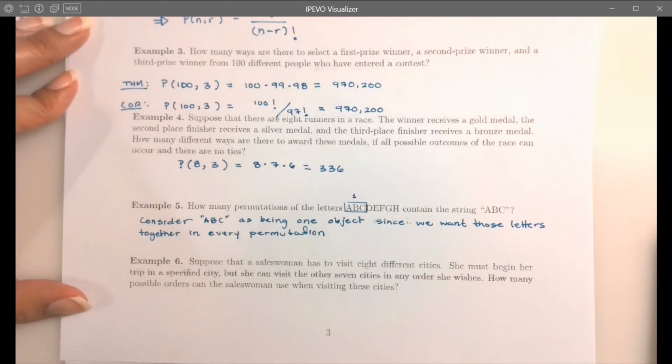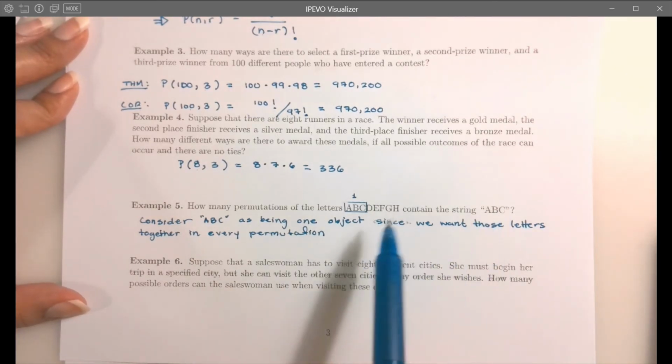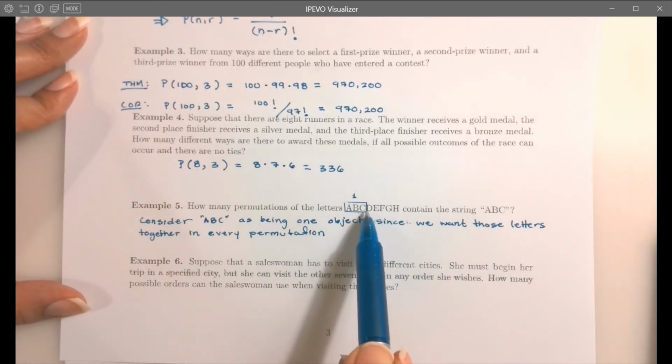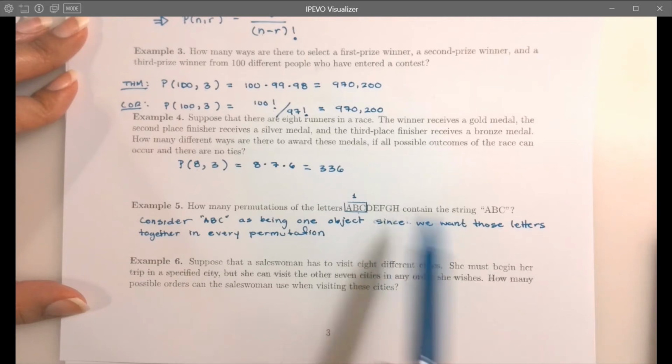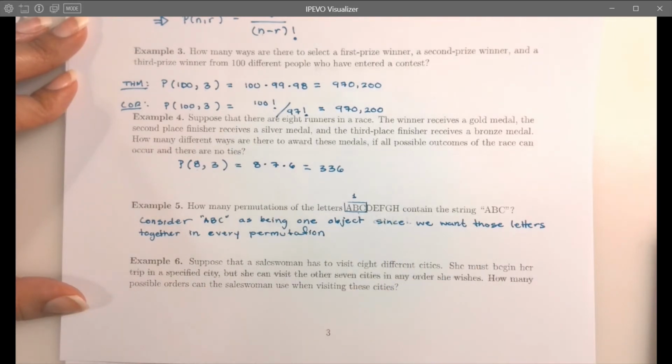Okay, and so what that means is that we really have 1, 2, 3, 4, 5, 6 different positions in which we are going to be placing letters.